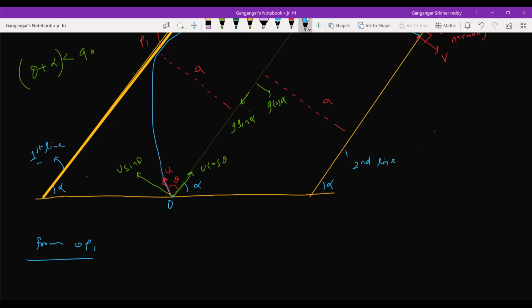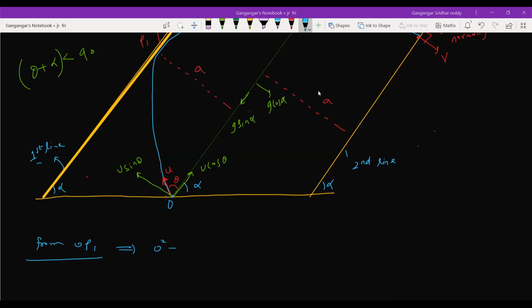From OP1, 0 square. Isn't theta the angle of projection? Yes, with respect to the incline. They didn't mention it is with respect to the incline.